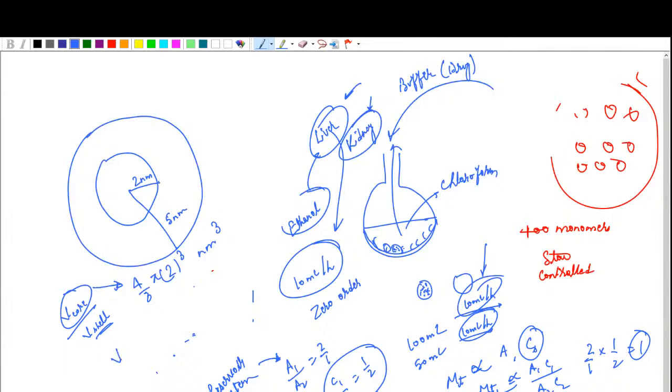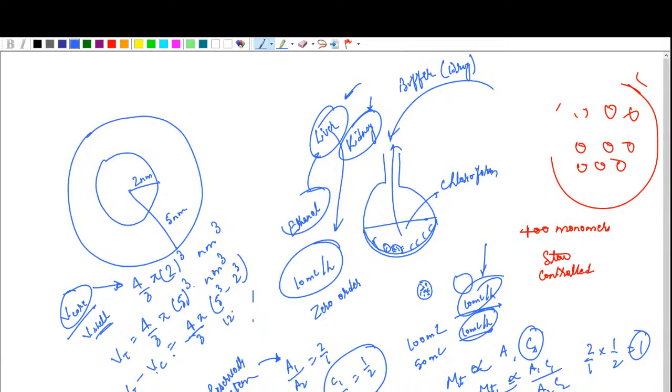So the volume of the whole thing is again 4/3 πr³, in this case 5 nanometer cubed. So what would be the volume of the shell? That will be nothing but the total minus the core. So that is basically 4/3 π (5³ − 2³).